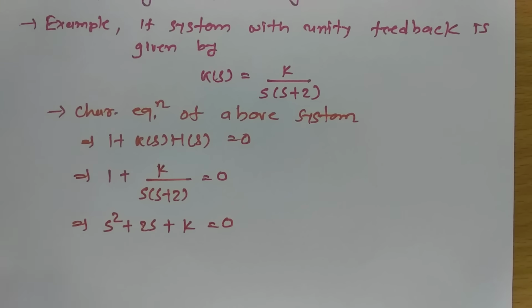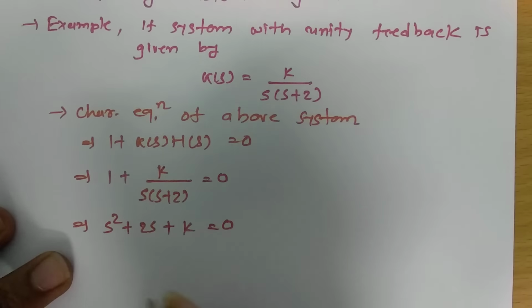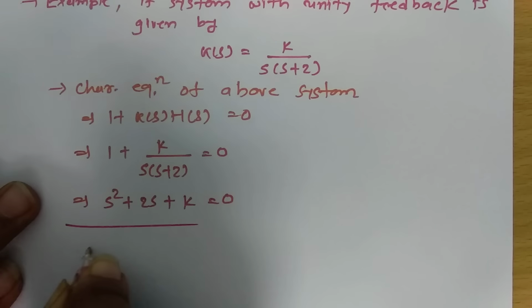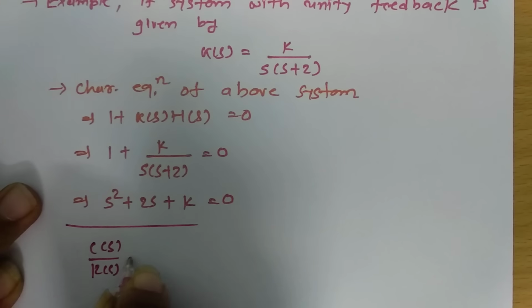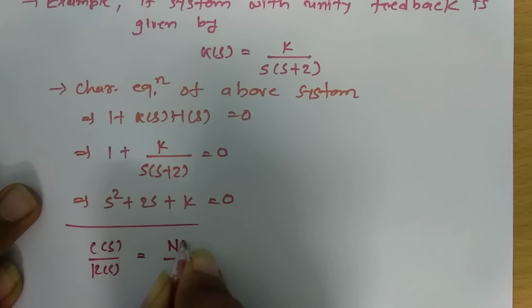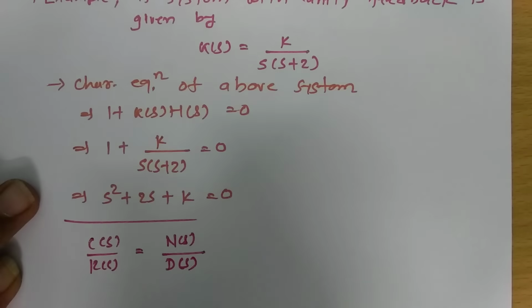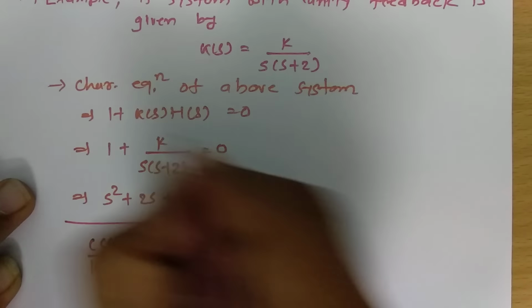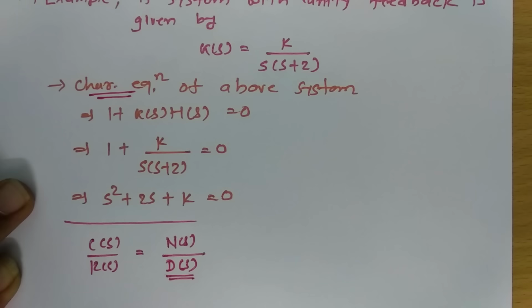Now in this system, the characteristic equation explains C(s)/R(s), the transfer function, which has a numerator polynomial and a denominator polynomial. The denominator polynomial is explained by the characteristic equation.